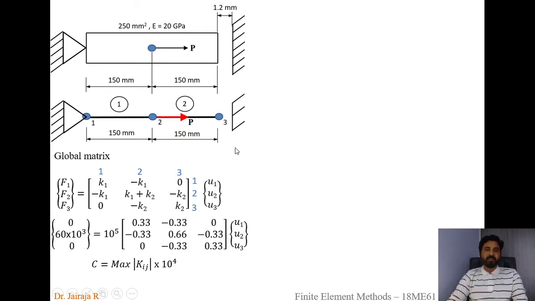So we need to calculate the stiffness value. C is equal to the maximum of Kij multiplied by 10 raised to 4. The maximum Kij value in this matrix is 0.66 into 10 raised to 5, multiplied by 10 raised to 4. So the C value becomes 6600 into 10 raised to 5.